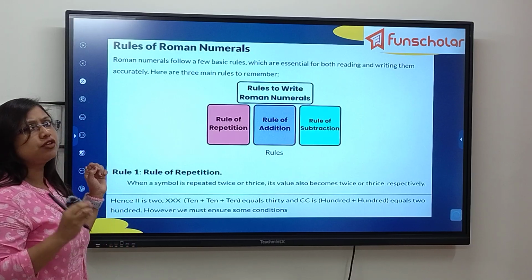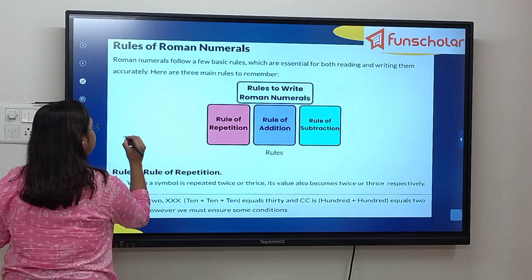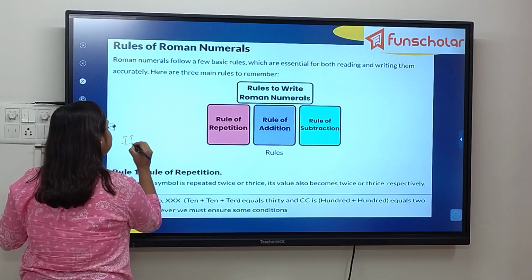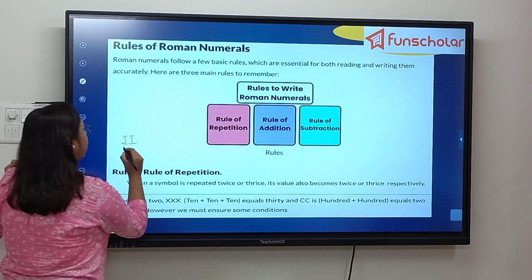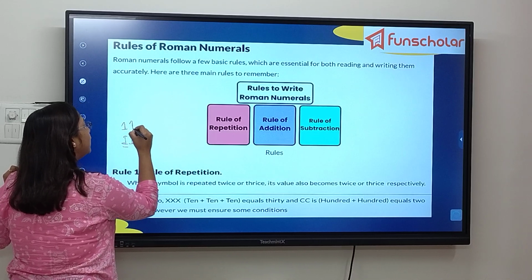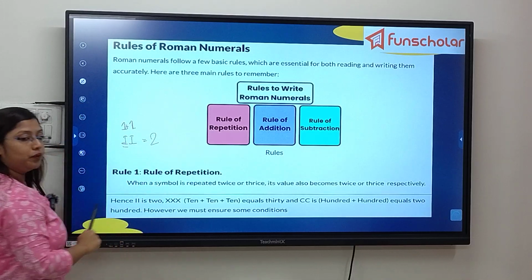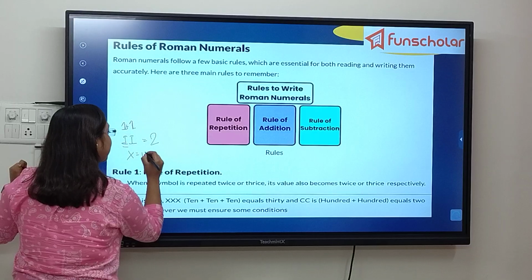Let's get the explanation through some examples. Okay, it will be easier. This is 1, right? But if we take this, then what will it be? This is 1 and this is also 1. Then it will add up and it will be 2. And this is 10.